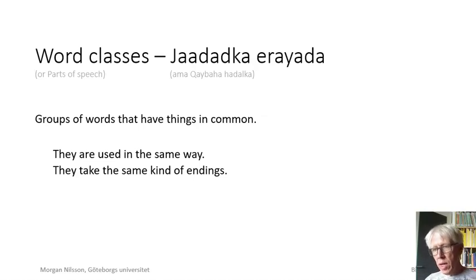But also, and maybe an even better or simpler way of telling the word class of a word is what kind of endings does this word take? So what kind of endings can we add to this specific word that we are investigating?